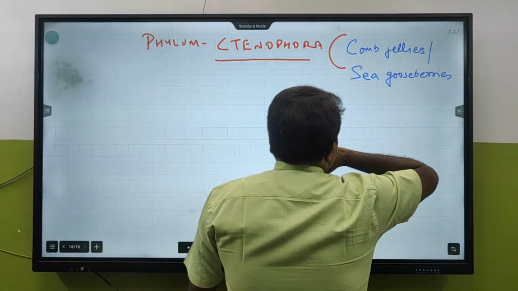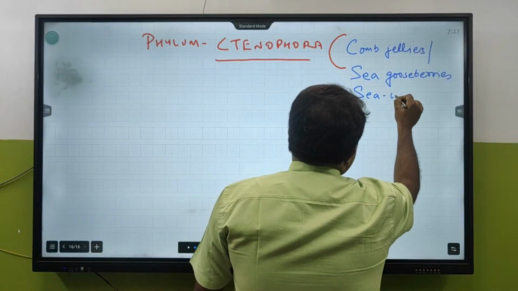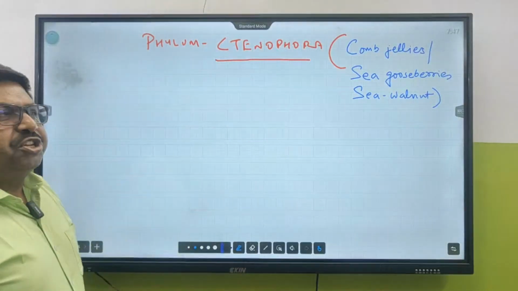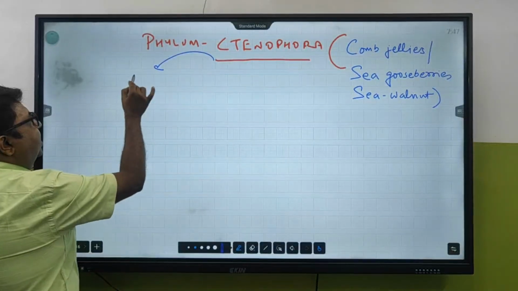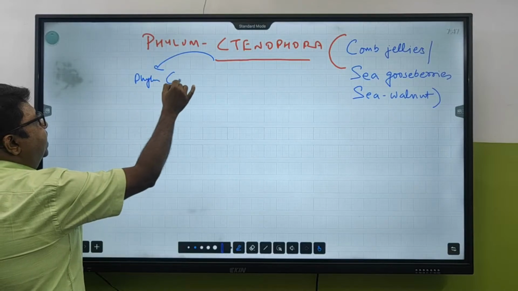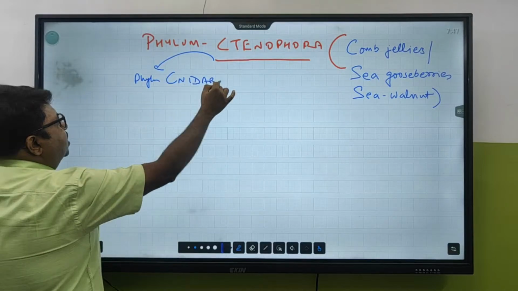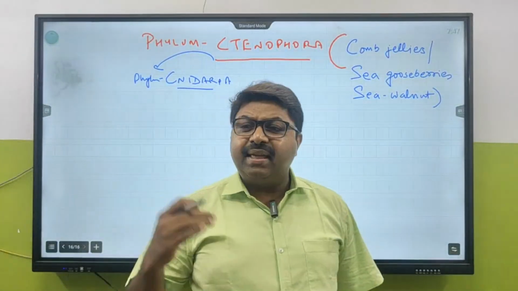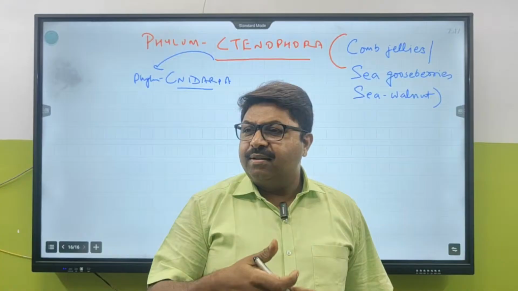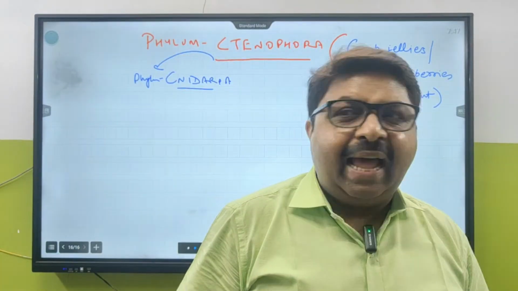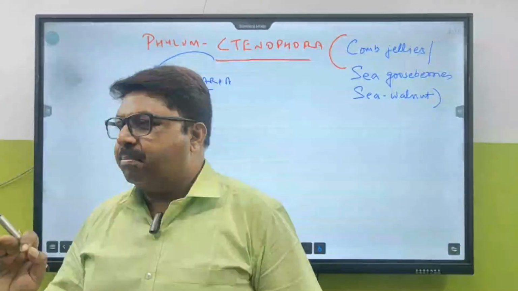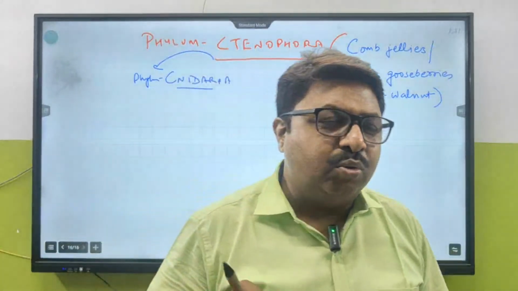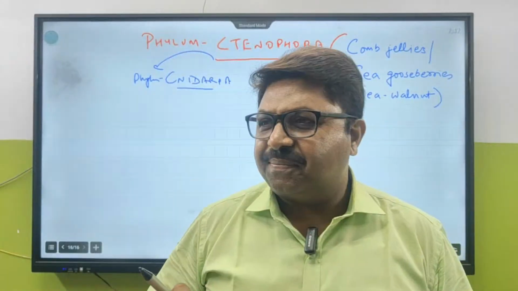Now, Ctenophora was initially placed under phylum Cnidaria. What is the reason that they have been taken out of Cnidaria? They have tentacles, but without cnidoblast cells, without stinging cells.